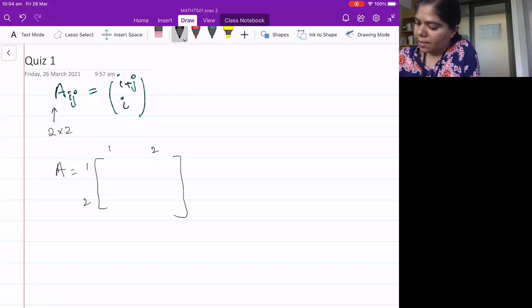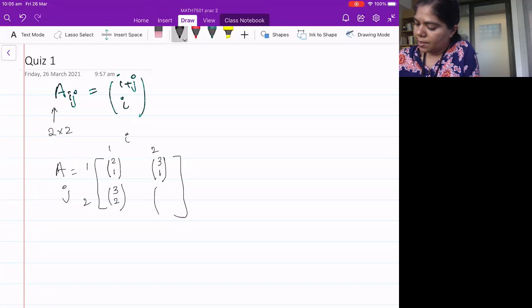So that's i, j. i is 1, j is 1 as well. So the first one is 1 plus 1, which is 2, choose 1. Row 1, column 2 is 1 plus 2, 3, choose 1. And row 2, column 2 is 2 plus 1, which is 3, choose 2.